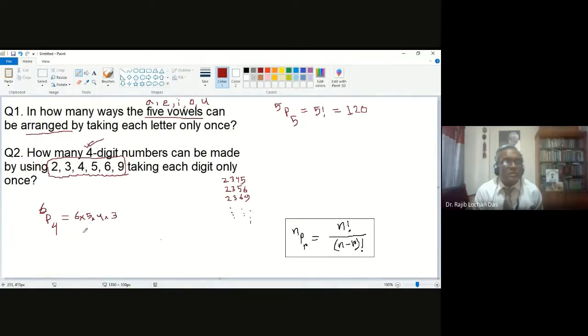Four numbers serially. So 6 into 5 is 30. 4 into 30 is 120, and into 3 is 360. So 360 different numbers will come. So this is the question.